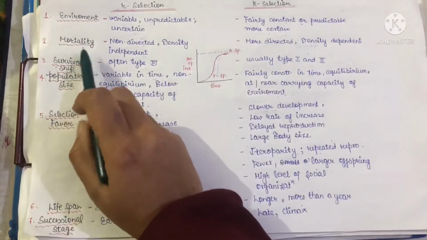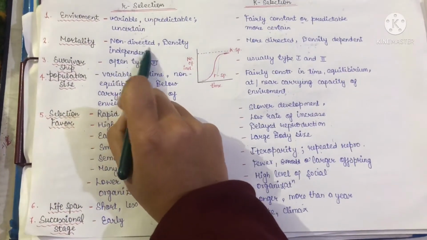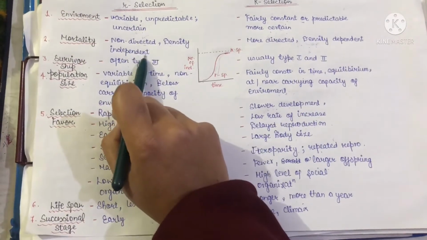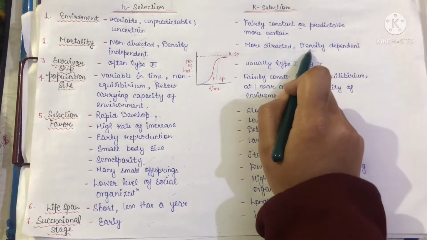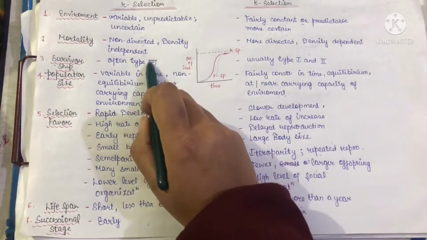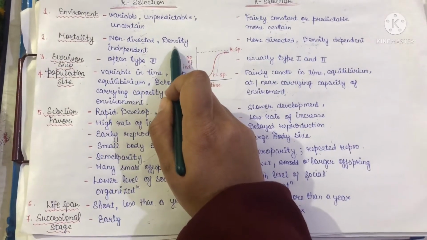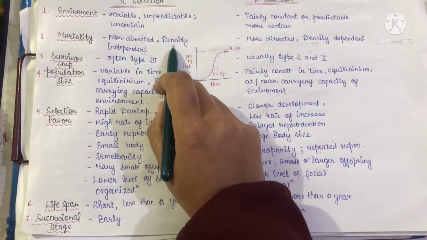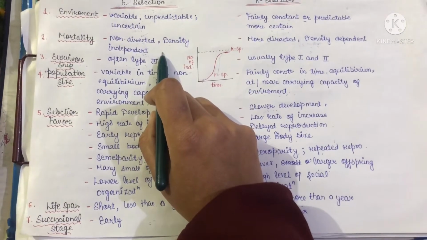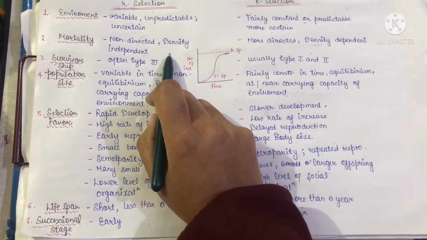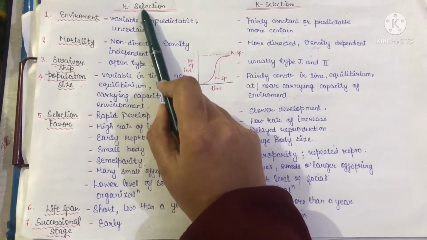So next is mortality rate. In R selected species, the mortality rate is non-directed as well as density independent, and in case of K selected species it is more directed and density dependent. What density independent and dependent mean is, suppose there is a population in a particular area, and some natural disturbance occurs in that area, so very little of the population is affected in case of R species.